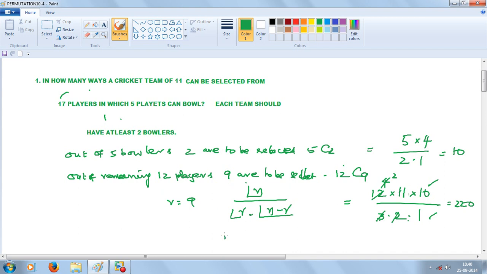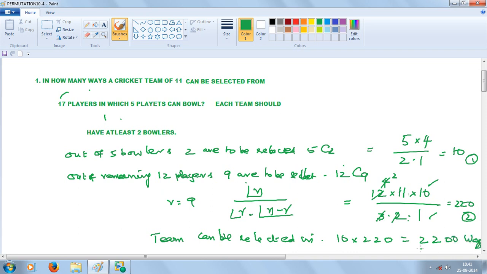The team can be selected in 10 multiplied by 220, which is equal to 2200 ways. That is the answer.